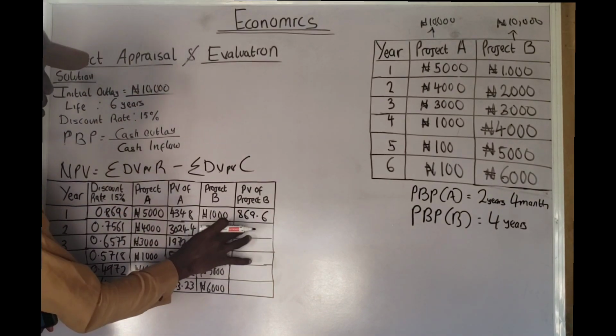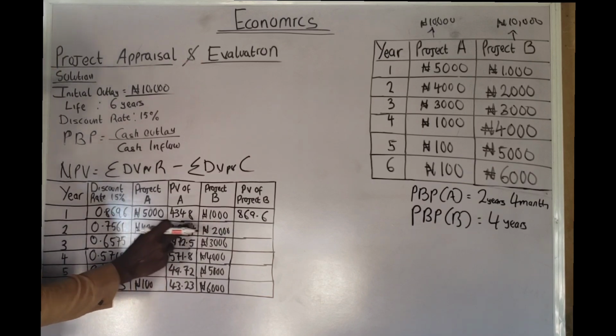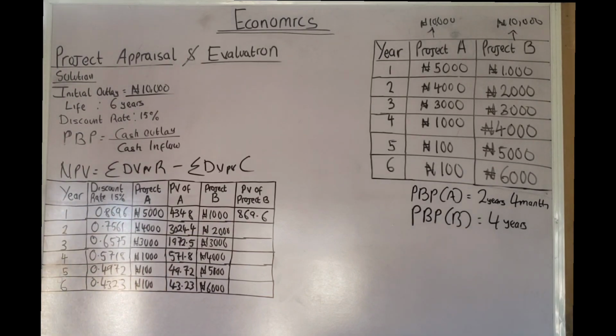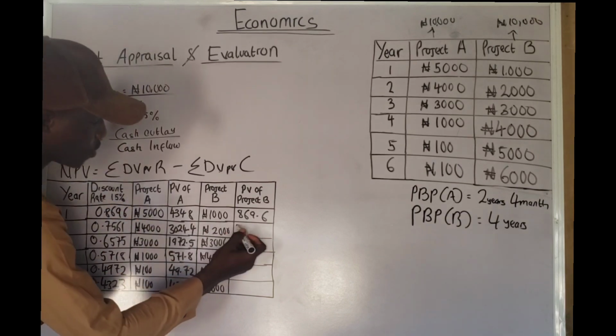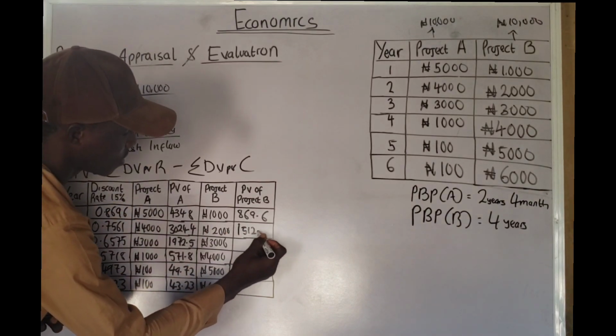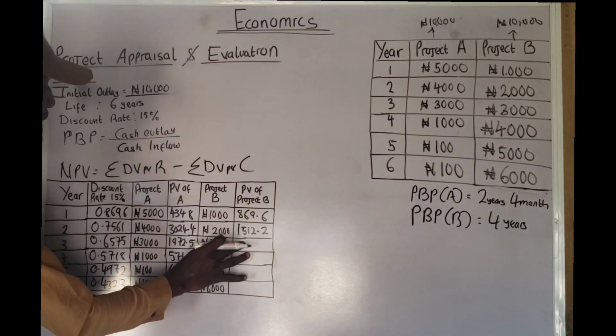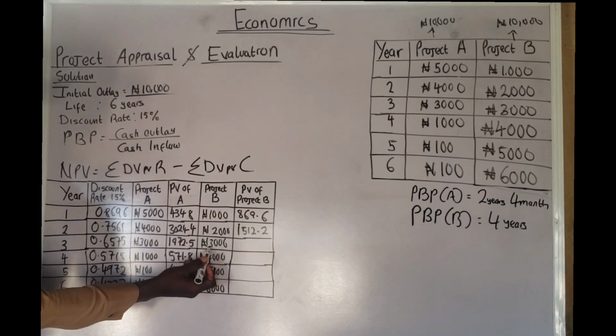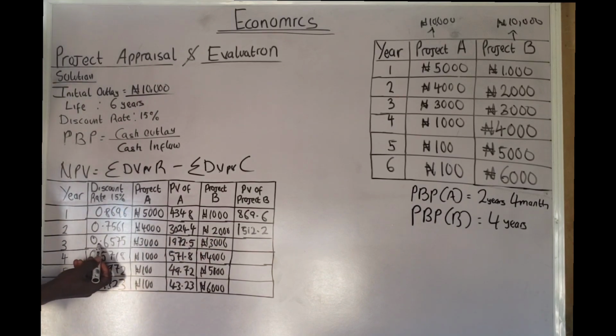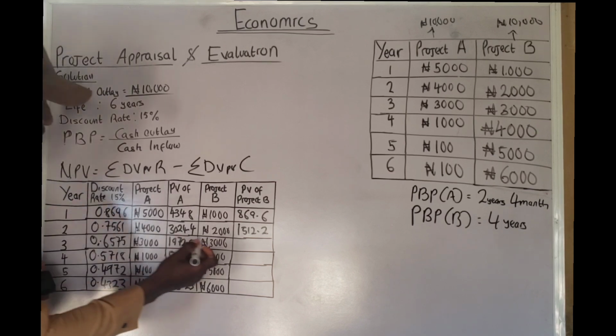That will be 869.6. You understand? For these cells, I'm going to have 2,000 naira multiplied by 0.7561. That will be 1,512.2. And for these cells, I'm going to have 3,000 naira multiplied by 0.6575. That will be 1,972.5.